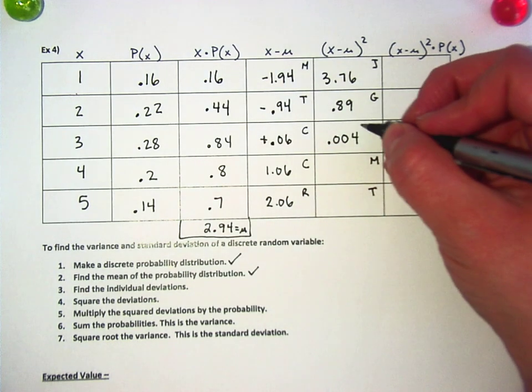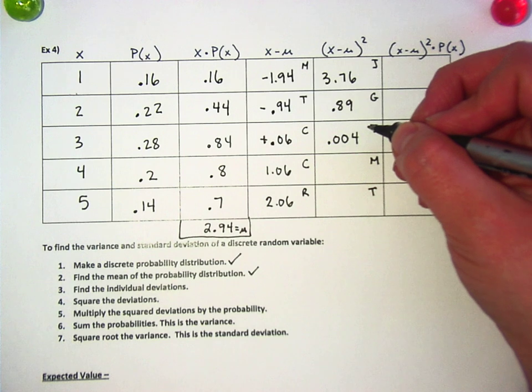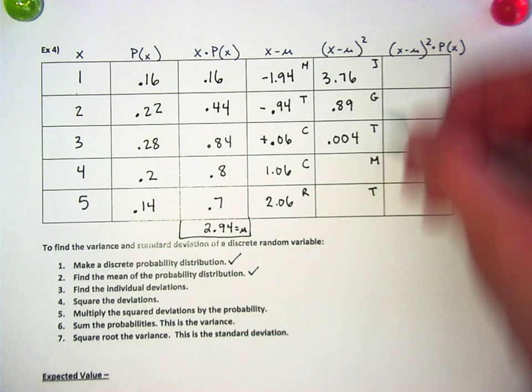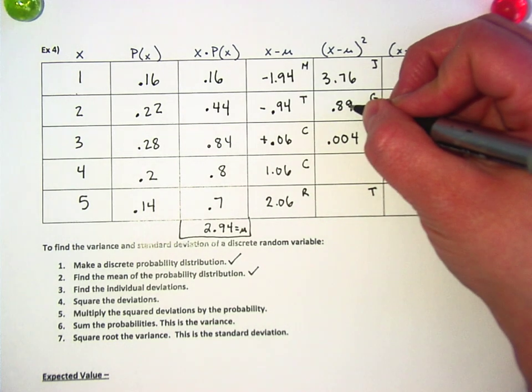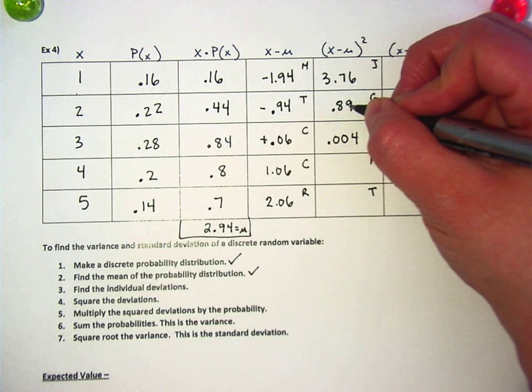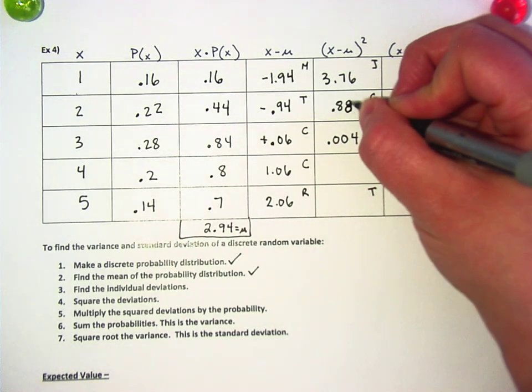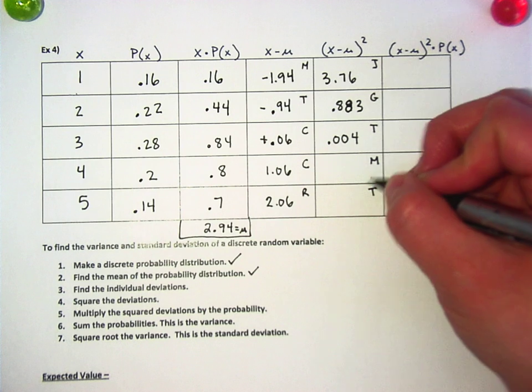Do you want me to do the same decimals for yours? Is that gonna make you happier? Gustavo? 0.88, want me to change it? It really would make me happier, yeah. Okay, 0.88. All right, Michael?